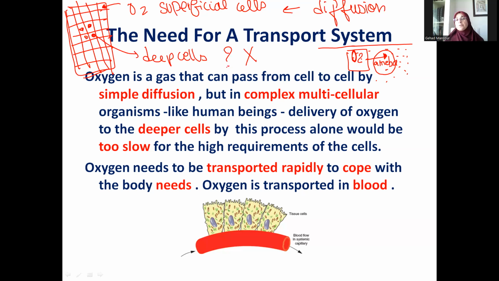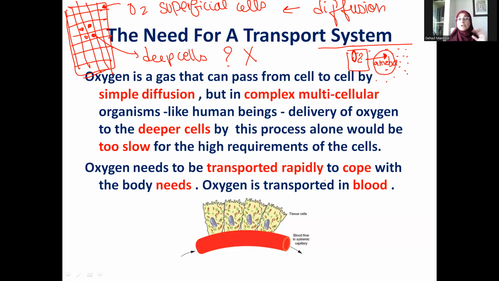So what's the problem of oxygen taking a very long period of time reaching the central cells of a complex higher organism? The problem is that this low speed of oxygen diffusion cannot cope with the high oxygen requirements of the organism.